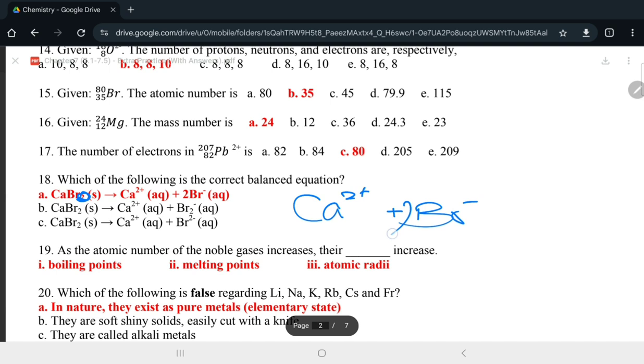We don't put it at the bottom, we put it as a coefficient, okay? So this is the correct answer. Here they put it as a subscript, which is wrong. You should add it as a coefficient. And here they added it as a charge. It's either a coefficient or a subscript, and it's obviously not a subscript, it's a coefficient.